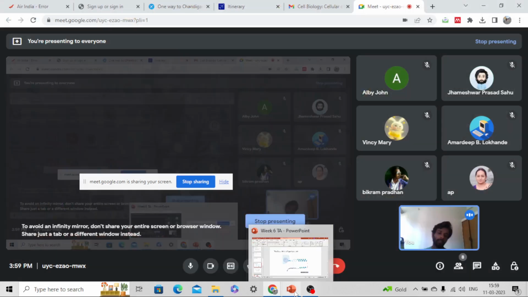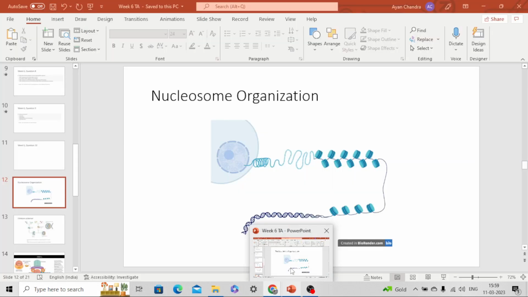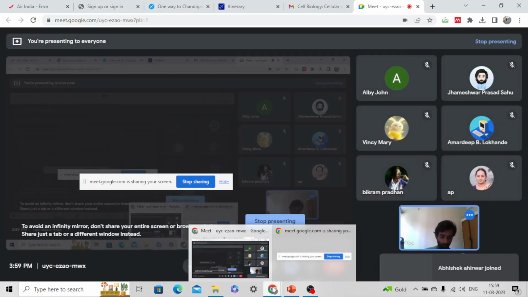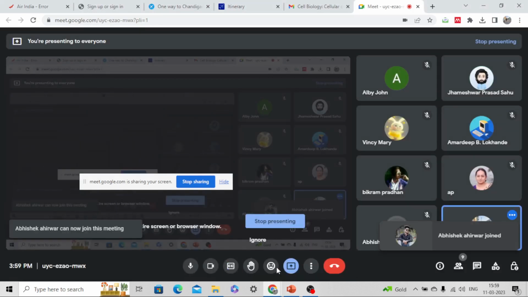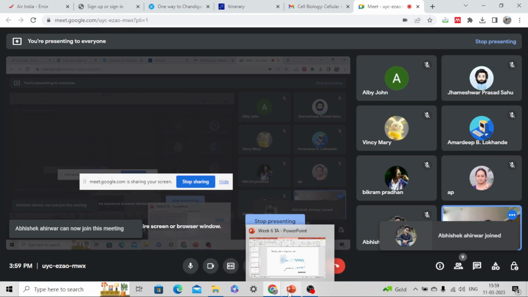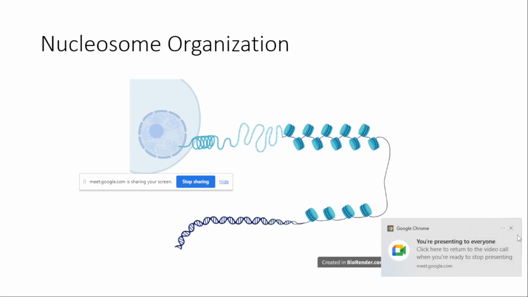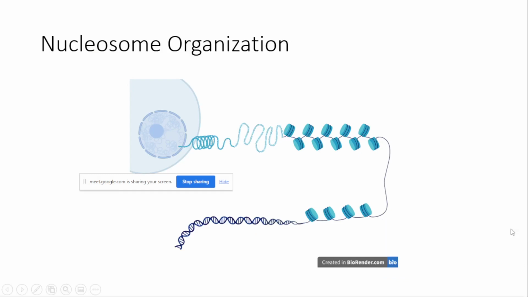Okay, so let's start the second half of our session. We will start with nucleosome organization.